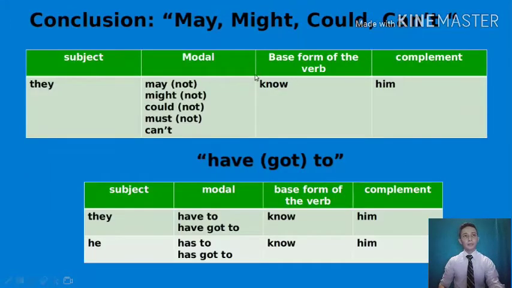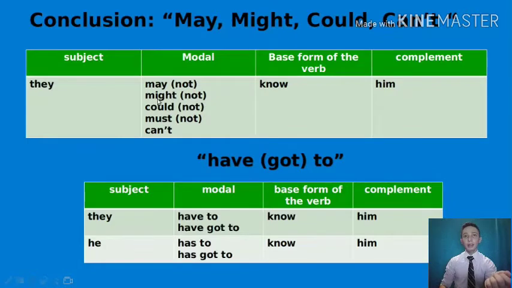Okay. For conclusions, we have may, might, could, and can't. Here's the structure: subject plus modal plus base form of the verb plus the complement. And we have some examples here. We can use all of these. They may not, or they may know him.